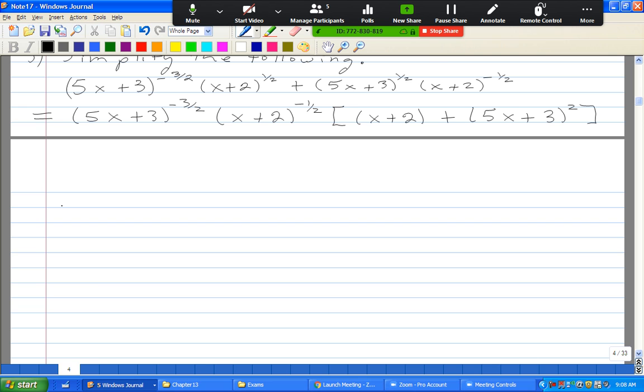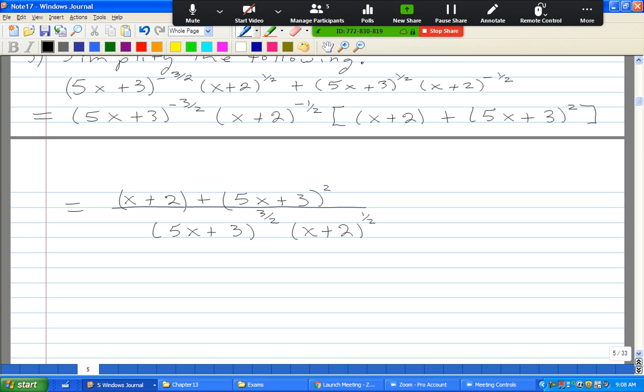And so I have that this is equal to x plus 2 to the first power plus 5x plus 3 squared, all divided by 5x plus 3 to the 3 halves, x plus 2 to the 1 half. So let me simplify this.